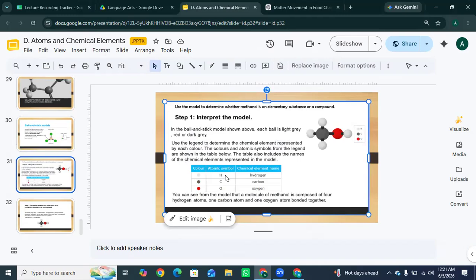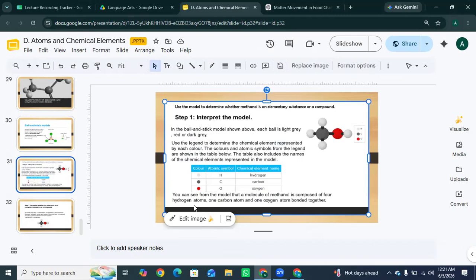Like step one is this, to look at the model's color. By checking the color key legend, we find that methanol contains hydrogen, which is gray, carbon, which is dark gray, and oxygen, which is red. Okay, look at this example.